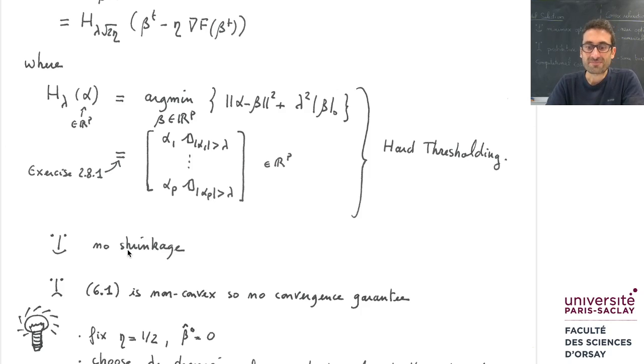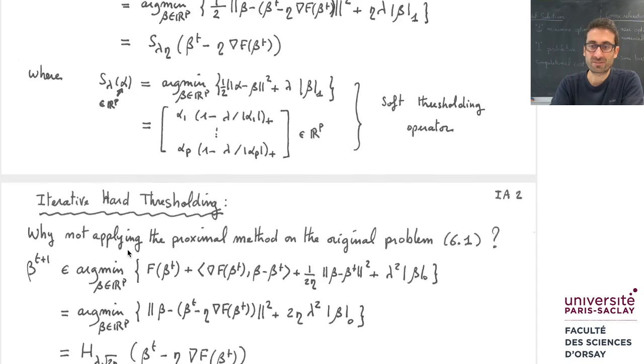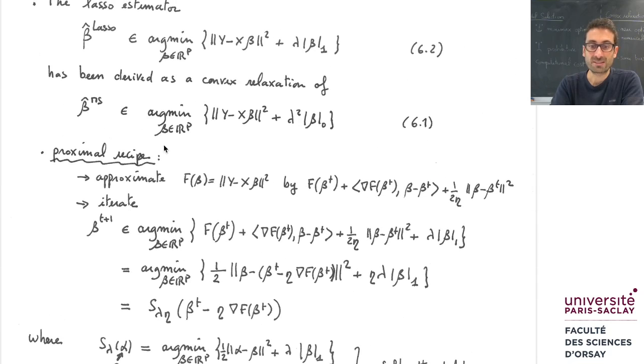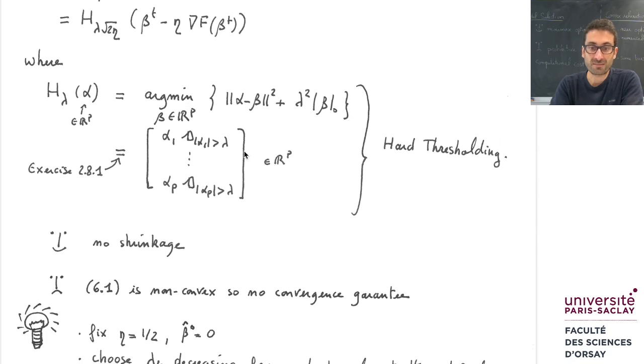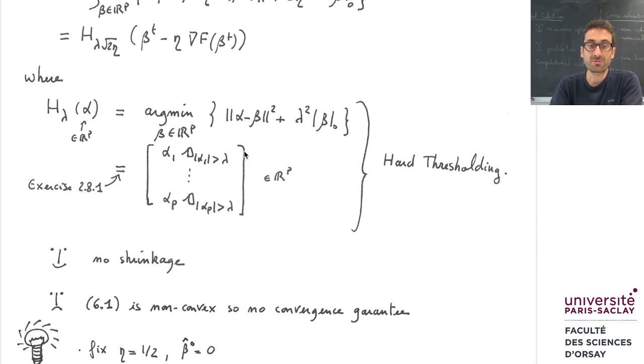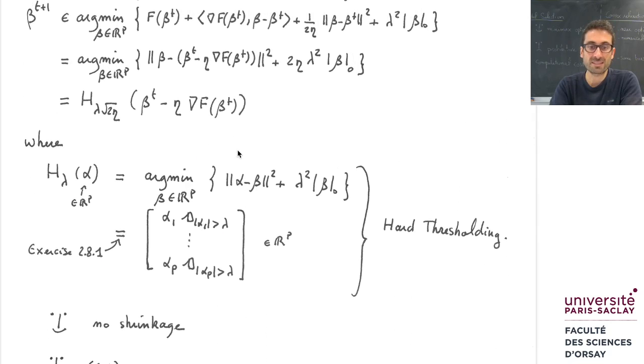Right, but this is an algorithm, but since the initial problem, which is the model selection problem, is not convex, even if you take eta very small, we do not know what these iterations are doing, if it converges to anything, right?